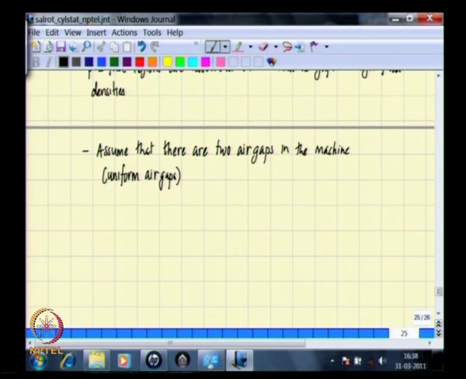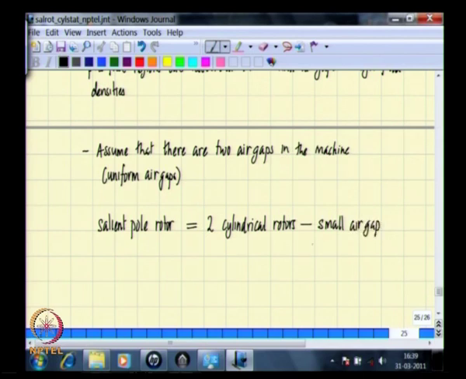It sort of amounts to saying that instead of the salient pole rotor structure that is there, you now have two cylindrical rotors, one of them giving rise to a small air gap and another giving rise to a large air gap.